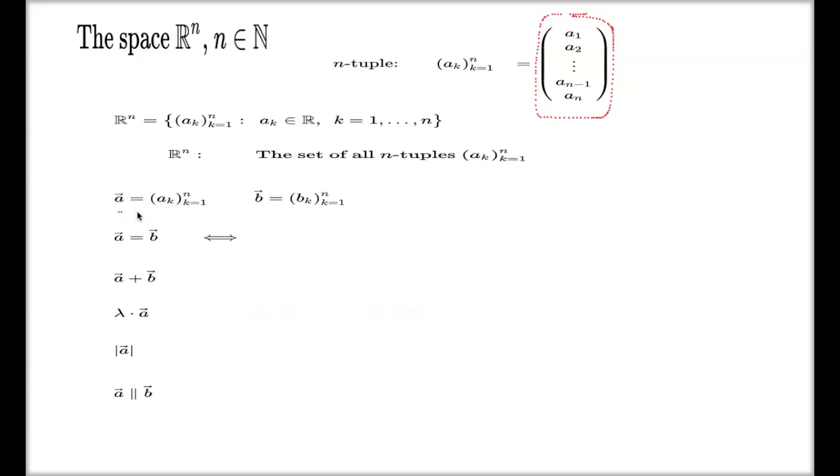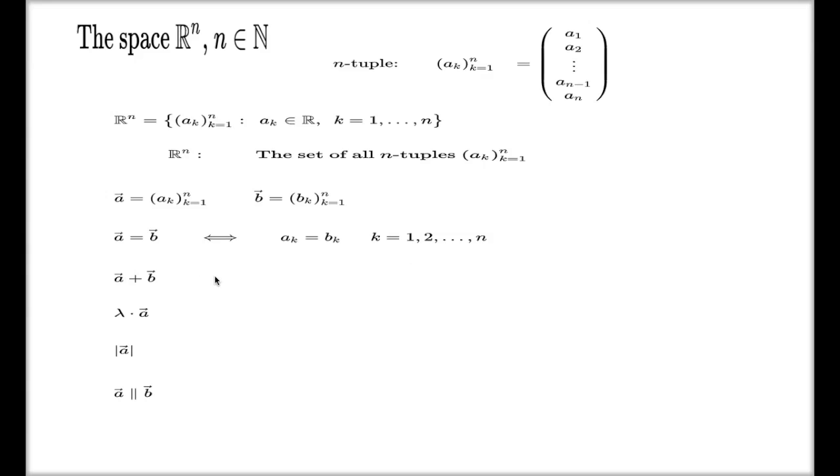If I have one n-tuple, or one n-dimensional vector, and I have another n-dimensional vector like this, another n-tuple filled with b1, b2, dots, bn, I identify them component with component for every k, 1, 2, and so on.